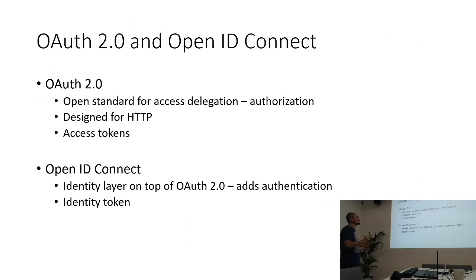And it didn't say how authentication happened. So that's why some people came up with OpenID Connect, which is actually like a layer on top of OAuth 2. And it adds this missing bit, which is authentication. And it adds the identity token notion.